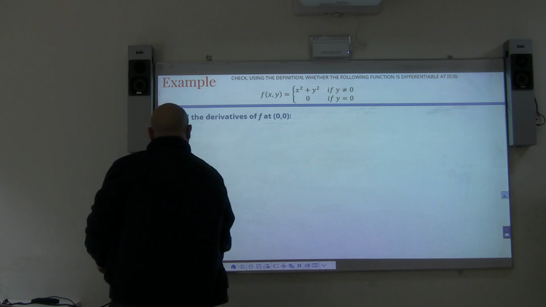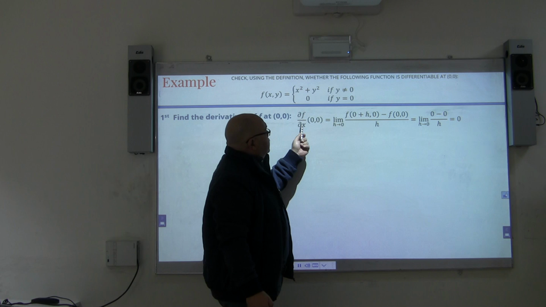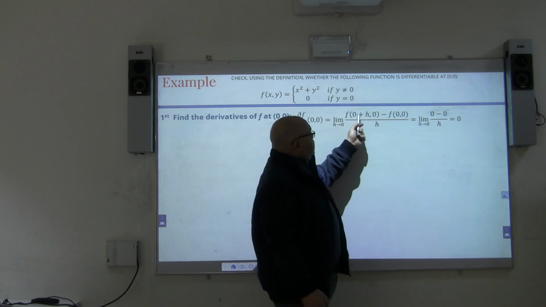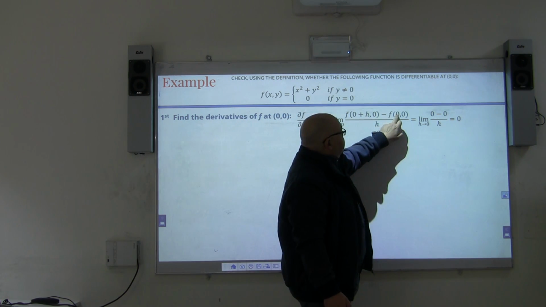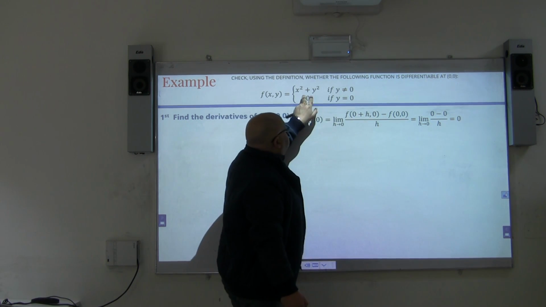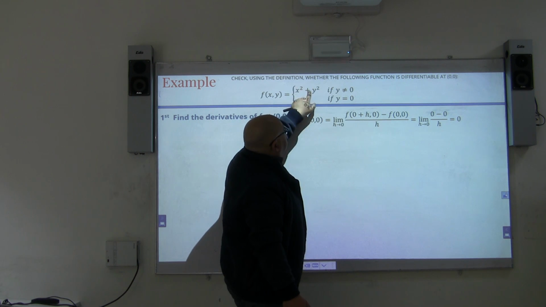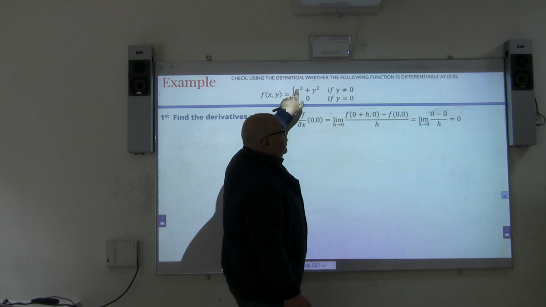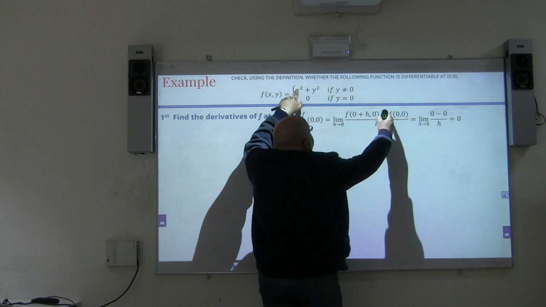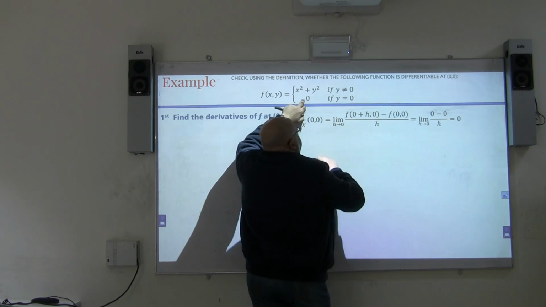So, once more, this is partial f partial x. It's going to be the limit of [f(0 + h, 0) - f(0, 0)] over h. Once you start to substitute, it's going to be (0 + h) to the power of 2 plus 0, which is h squared, minus 0, because the definition of the function once y is equal to 0 is 0.